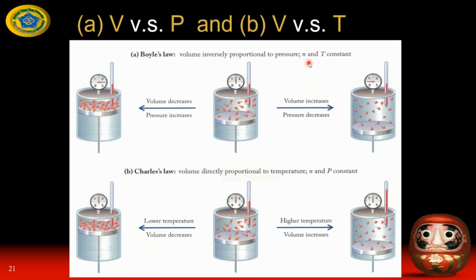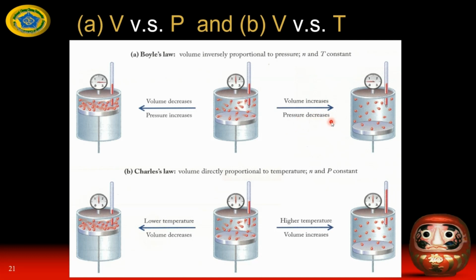If you keep the mole amount and the temperature constant, and you change the volume, you find the volume is inversely proportional to the pressure. What does that mean? If you decrease the volume, the pressure increases. And if the volume increases, the pressure decreases.